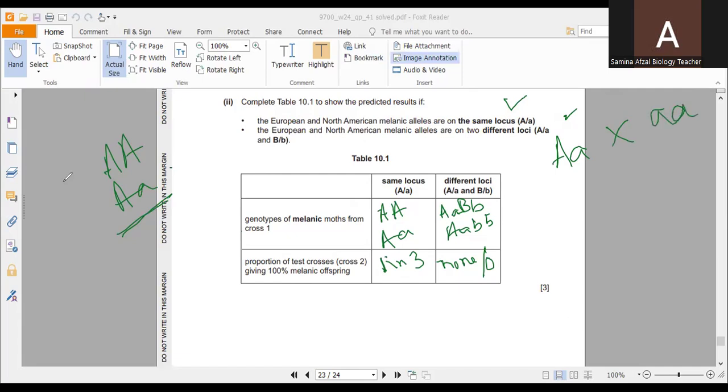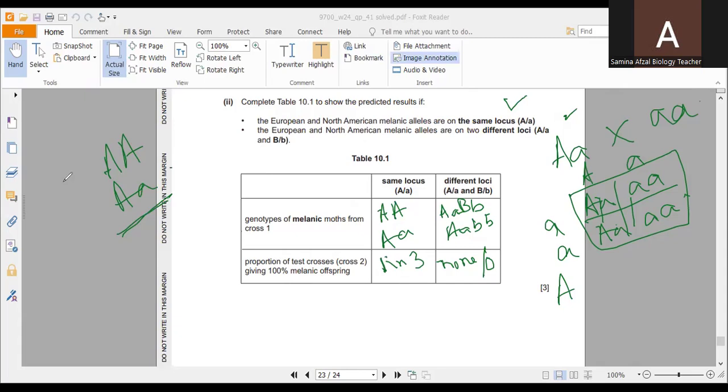So there can be the 1:1 ratio. How? Let me draw it. So they can be capital A, small a, small a, small a, 2:1 ratio or 1:1 ratio.